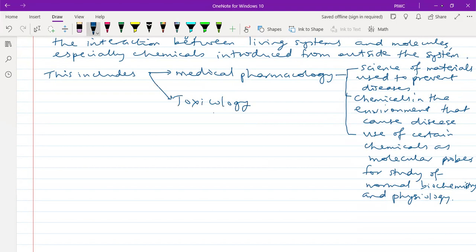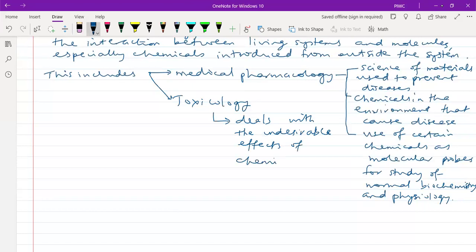So this involves the undesirable effects of chemicals in biologic systems.